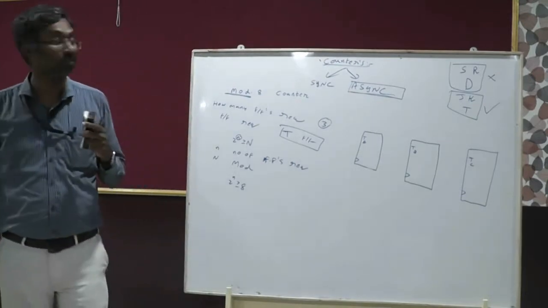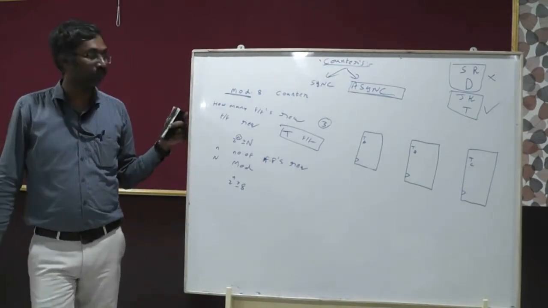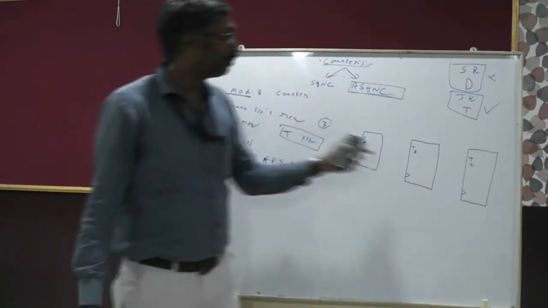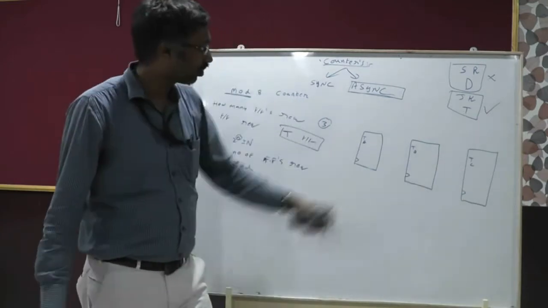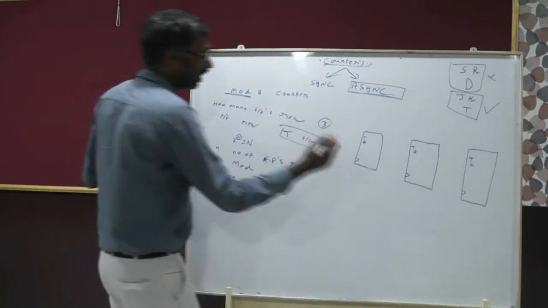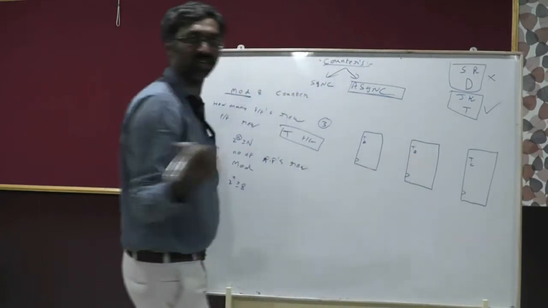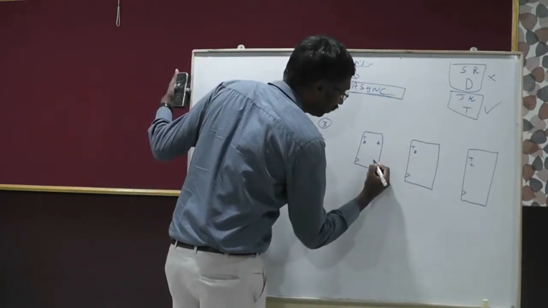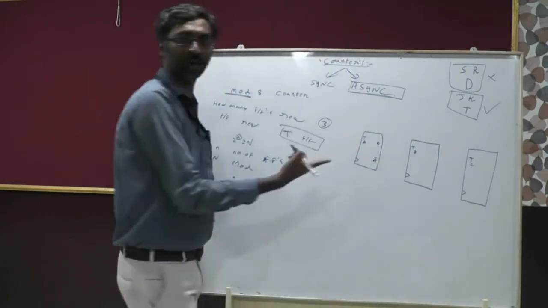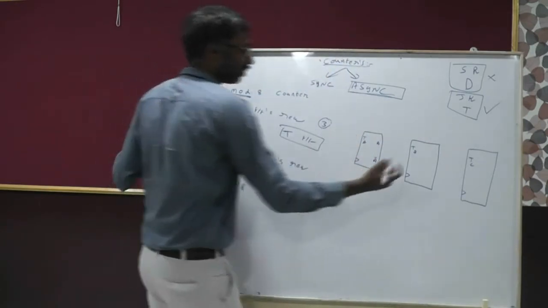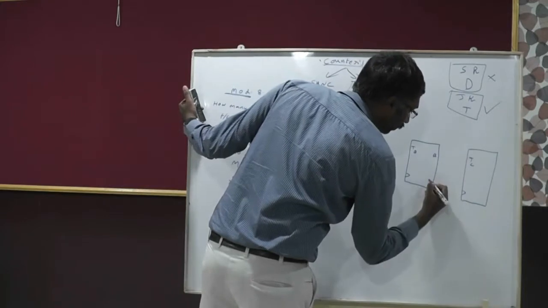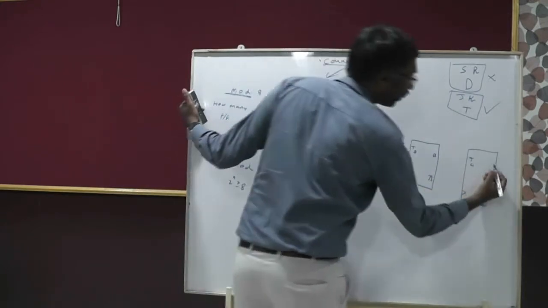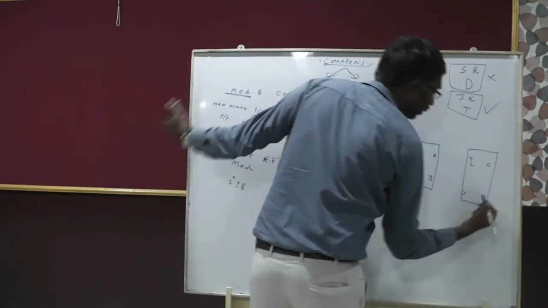We have to apply the inputs and know what the outputs are. So for TA, we can take the output as QA, or just A. The complement outputs will be there: A, A complement, B, B complement, and finally C, C complement.